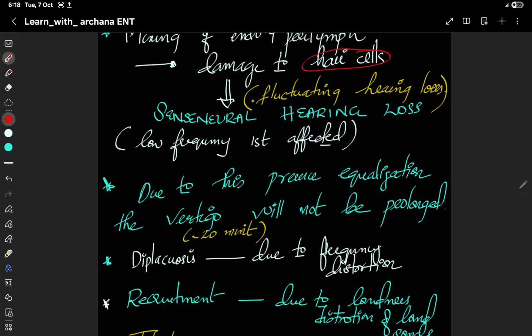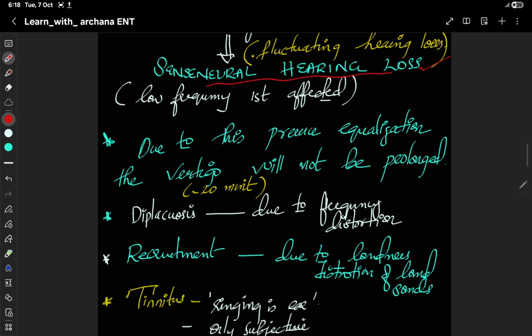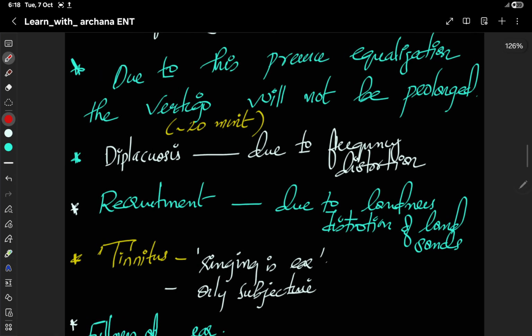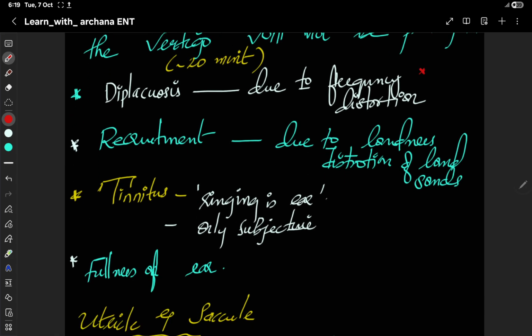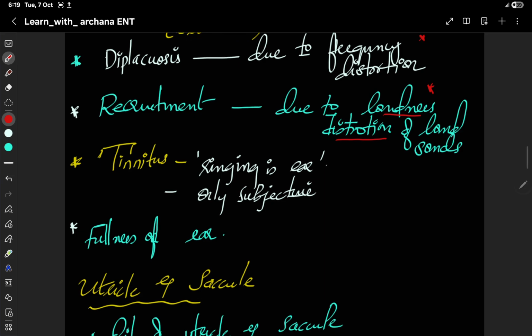What other features do they have? There may be frequency disorientation and loudness disorientation. The patient may not hear small voices, but if we talk in a moderate voice, they feel it is a heavy voice. This is loudness disorientation, known as recruitment.